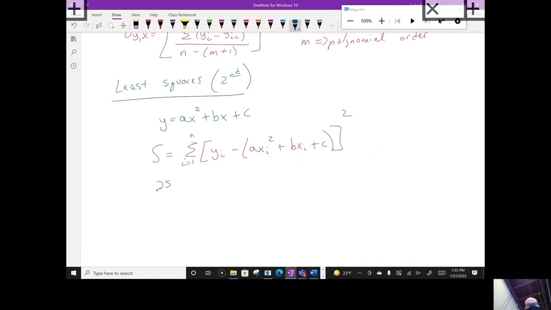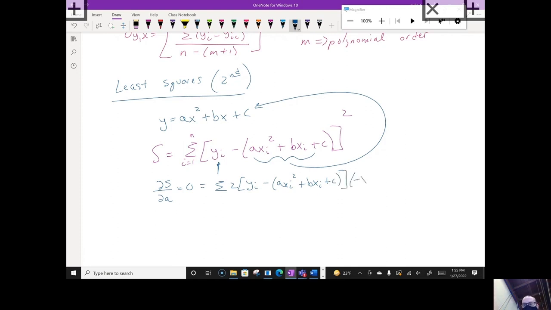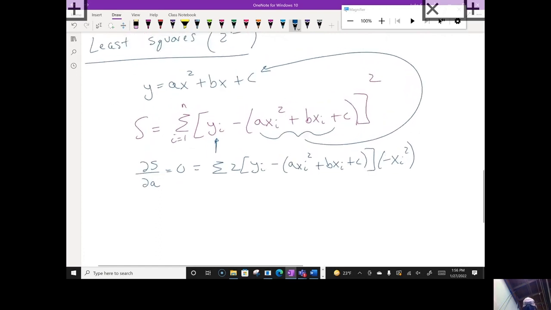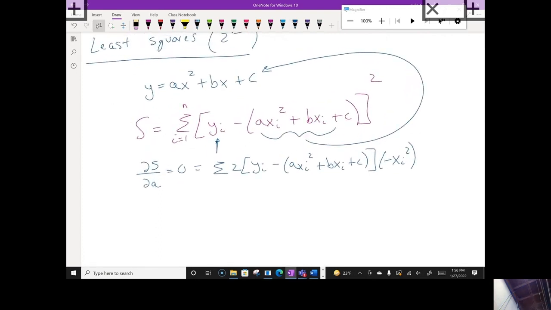So to find the minimum, we have to take the partial of S with respect to a, and we set it to 0. We're going to do 2 more.